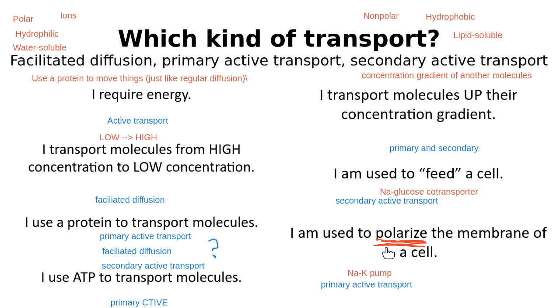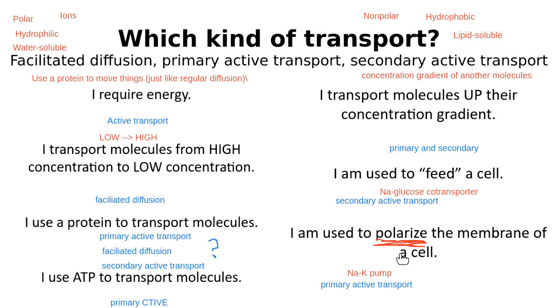Help me out in the chat. What does it mean again if the membrane is polarized? What does that polarized word mean? Yeah, so Nicole's identifying we've got different concentrations, different charges. Basically, the idea is things are different inside compared to outside. Yeah, Gloria said, sorry about the caps lock. I was like, wow, Gloria's really excited that she knows what polarized means. I mean, it's really important.